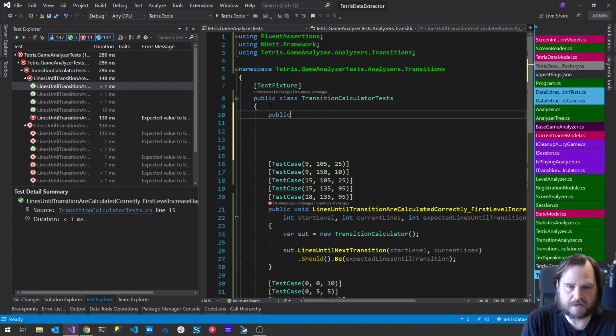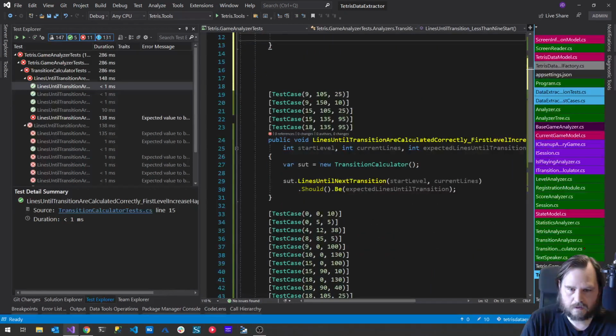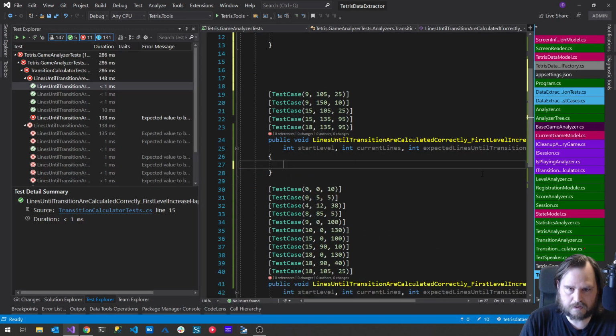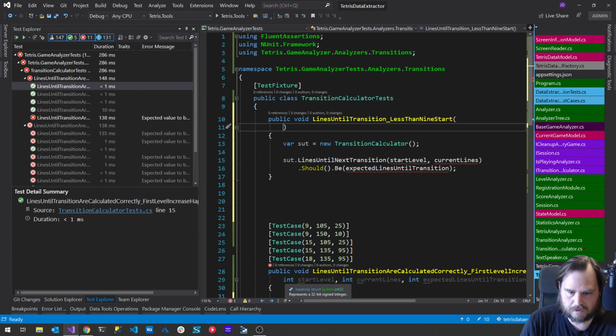Let's make some more tests. Awesome. Lines until transition, less than 9, start. We're going to grab this, put this in there, and add these things.